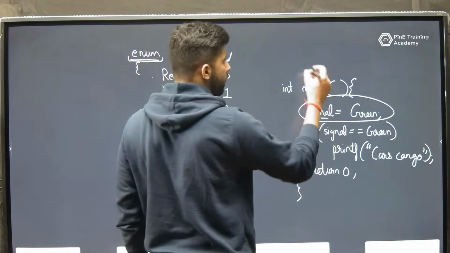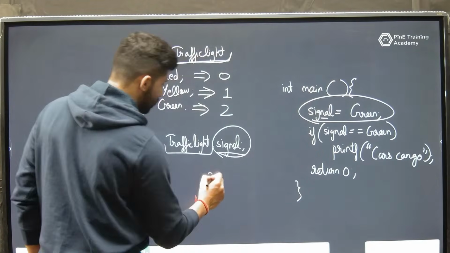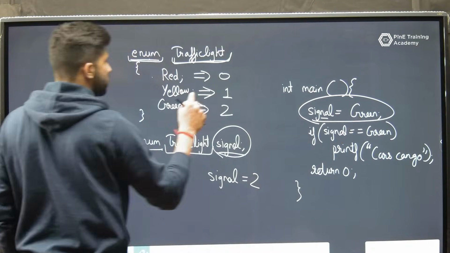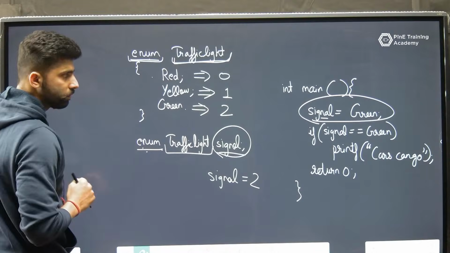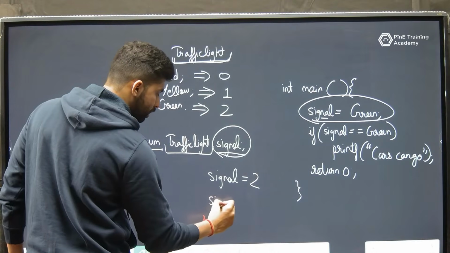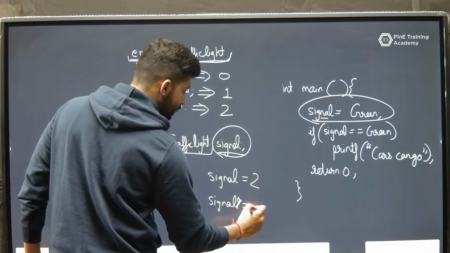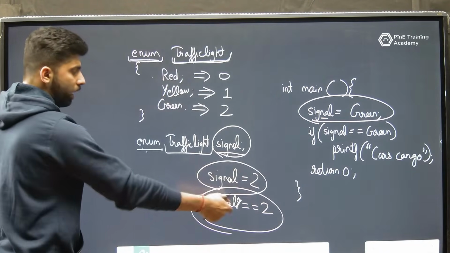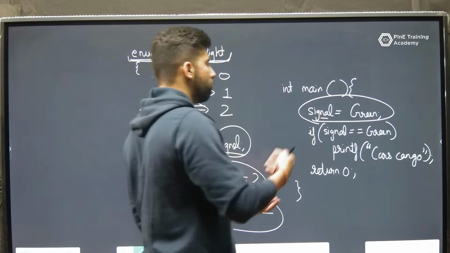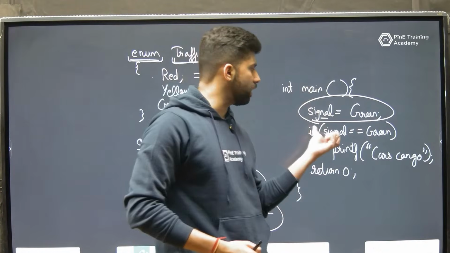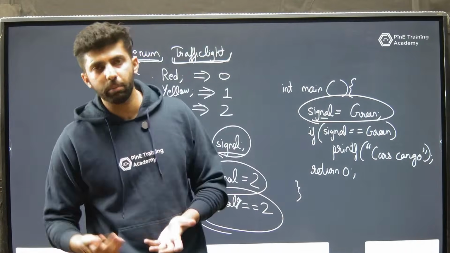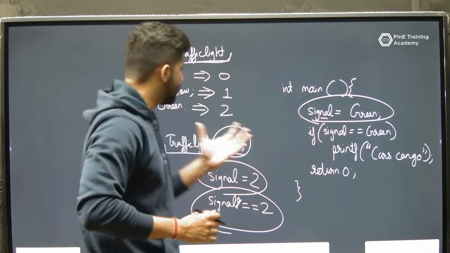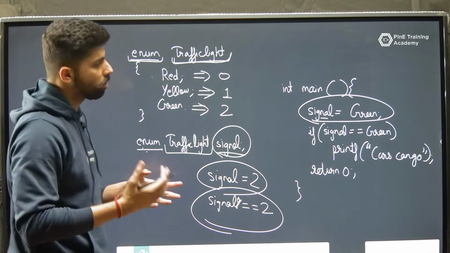Internally, what is happening is I am assigning signal a value of 2 because green has a value of 2, and I am checking if signal is equals to 2. Internally, this is happening, but for us, if we want to read this code, we are reading if signal is equals to green, which is more readable, more understandable, it makes more sense. So this is how enum is solving our problem.